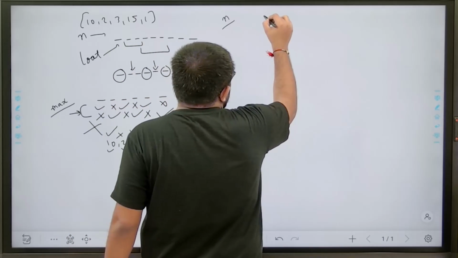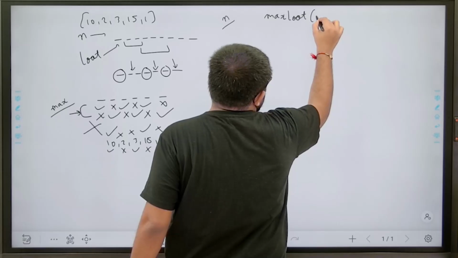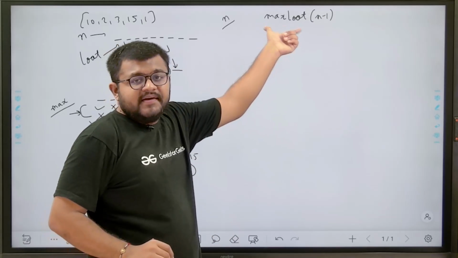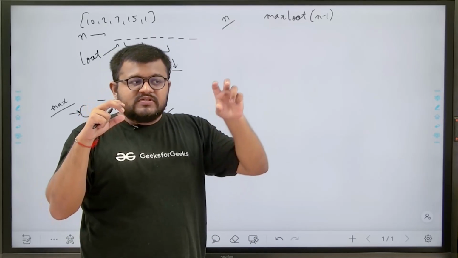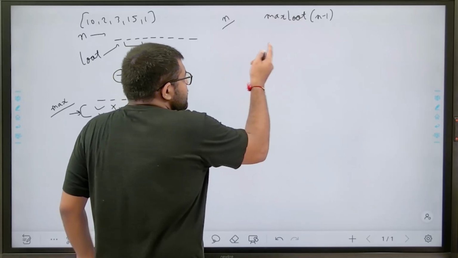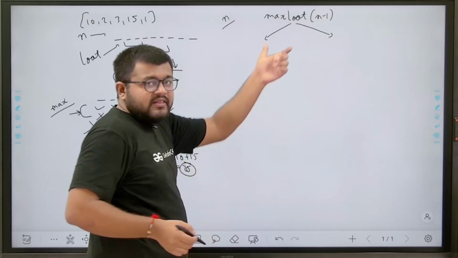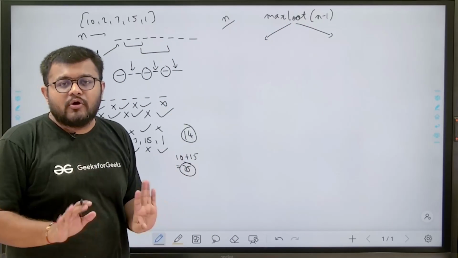First of all, I'll call the max loot recursive function, and the last index n minus 1 would be passed. This will return the maximum loot which is possible for the elements from index 0 to index n minus 1. In this I'll either loot the last house, which is at index n minus 1, or I'll not loot it.